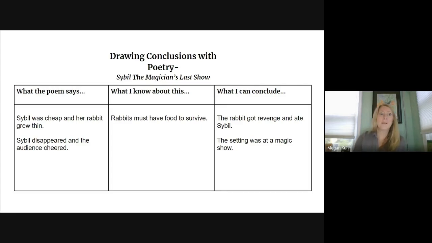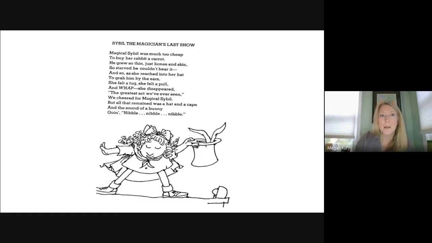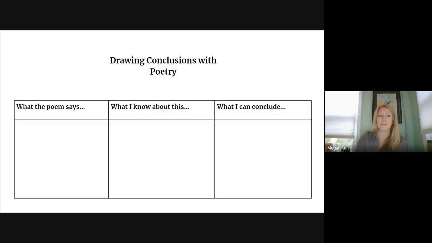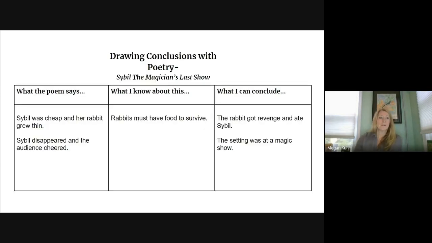And her rabbit grew very, very thin, says it right in the 3rd line. He grew so thin, just bones and skin. We also know that Sybil disappears at the end, and the audience cheered.